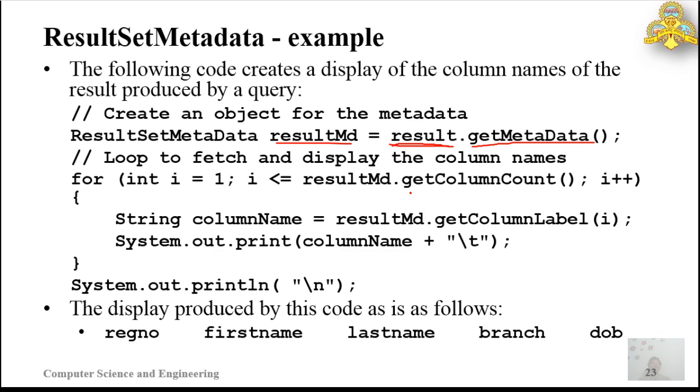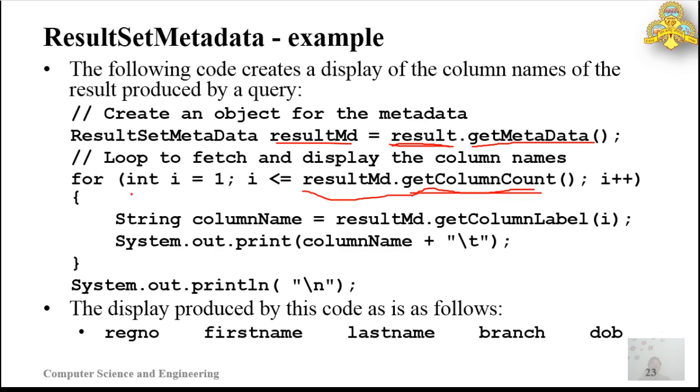And from getColumnCount, I can get the information about the number of columns that are present in the result set object. That means if it returns a result of select star from a table, how many columns are there? That I can get here with getColumnCount.